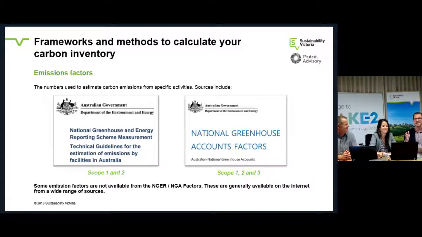Go to the NGA factors. Amanda's absolutely right, go to the NGA factors if you want a one-stop shop. It will bring together 90% of what you need in terms of scope 1, 2, and 3. We've just referenced NGER because there are a couple of bits in there that aren't in the NGA factors that we want to be able to use where appropriate. That's right.